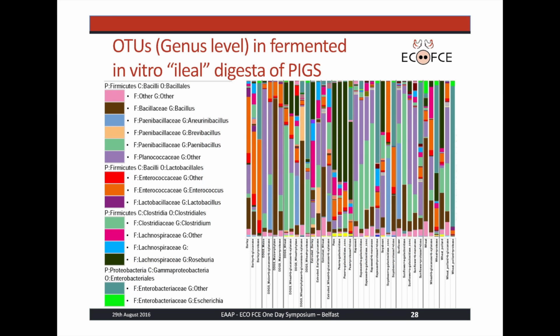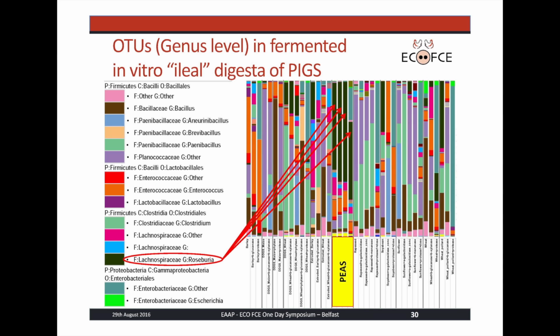When we go to the genus level, here we can see that, for example, for barley, these are barley treatments, there seems to be an increase in orange. You can see that there is quite a large, substantial proportion of Enterococcus. So it seems that barley can encourage the growth of Enterococcus in the large intestine, or in the ileum, probably, because that was ileal contents that we used for this sample.